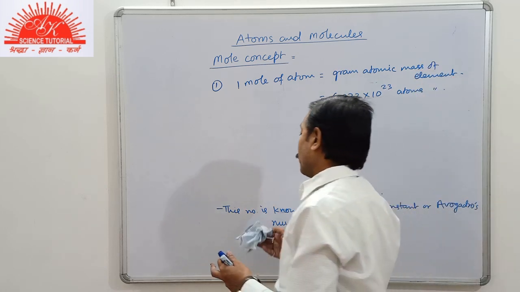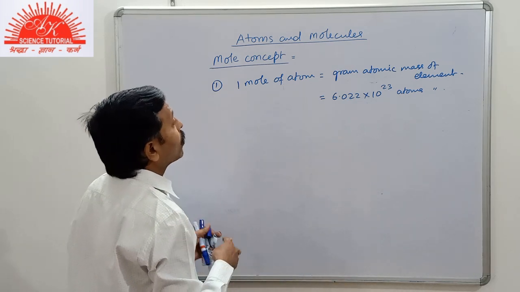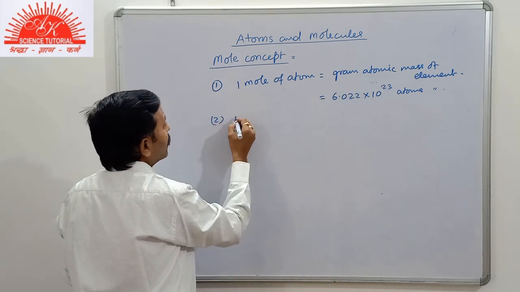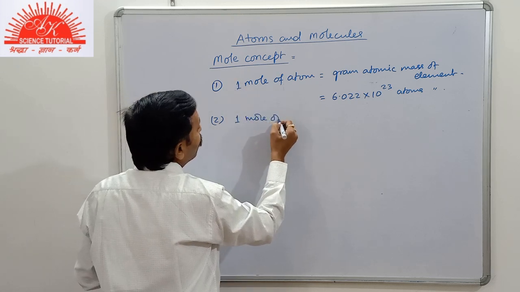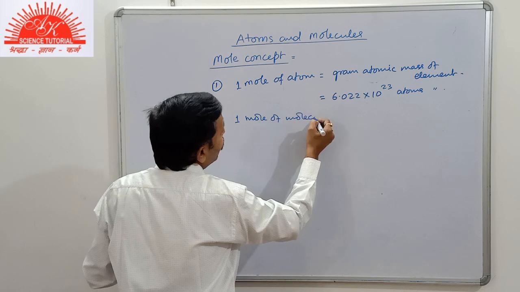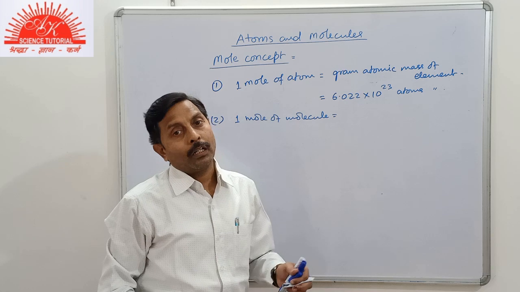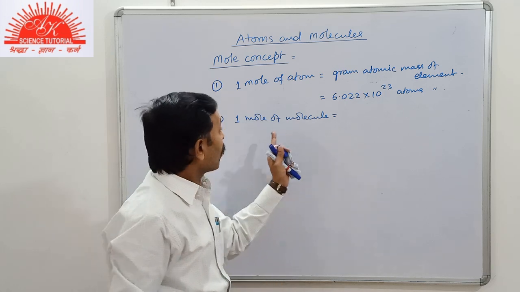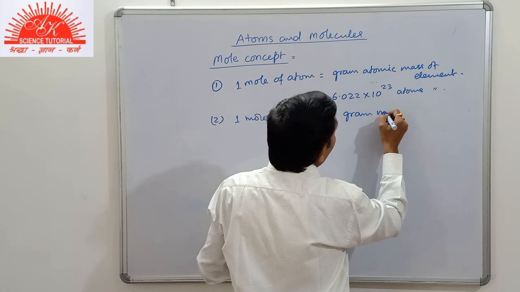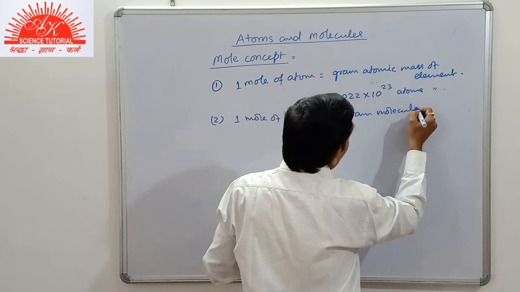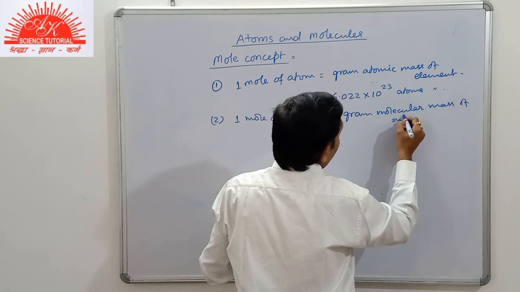Now we can take some more examples, and write again for the molecule also. Next, 1 mole of molecules. The molecule may be that of an element or of a compound. 1 mole of molecules is equal to the gram molecular mass of the substance.